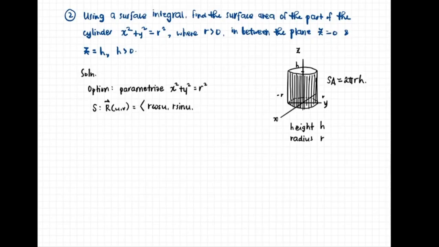And then the last one would be the z coordinate. Notice here that the z coordinate is varying from 0 going now to h, so we could use that as another parameter.